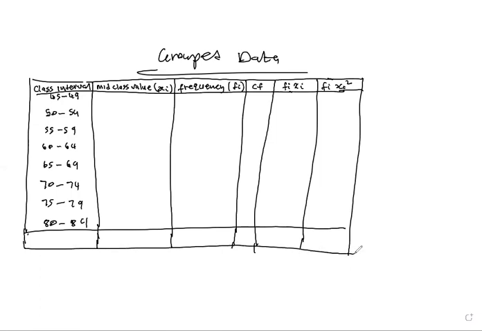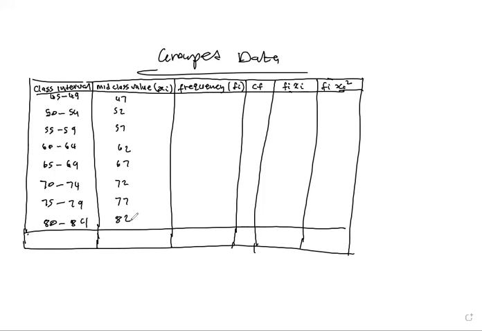Okay, so let's get now the summations, and you finish filling the table. The middle class here is 47, followed by 52, followed by 57, followed by 62, followed by 67, followed by 72, followed by 77, followed by 82.